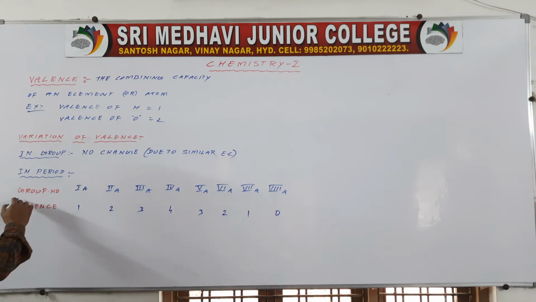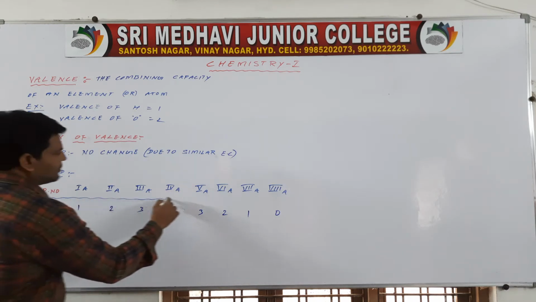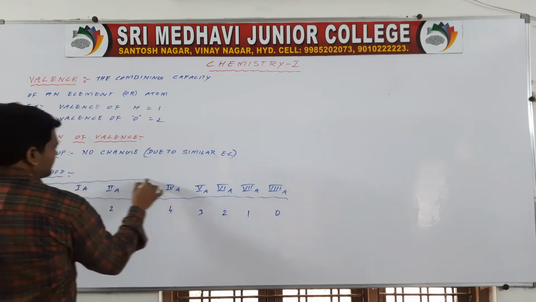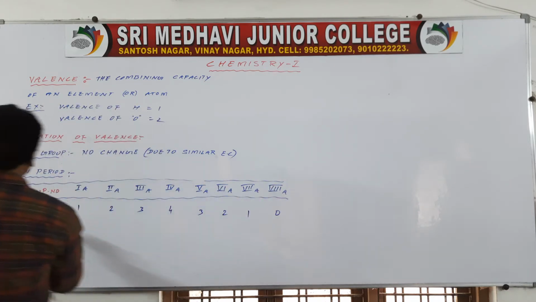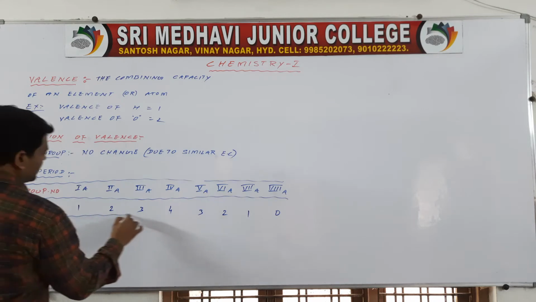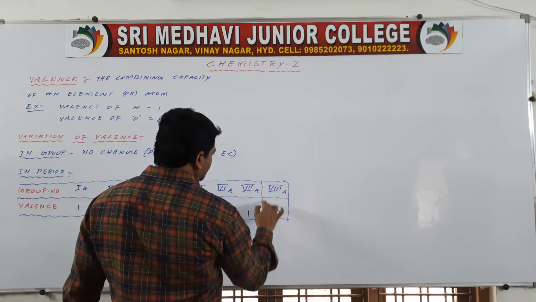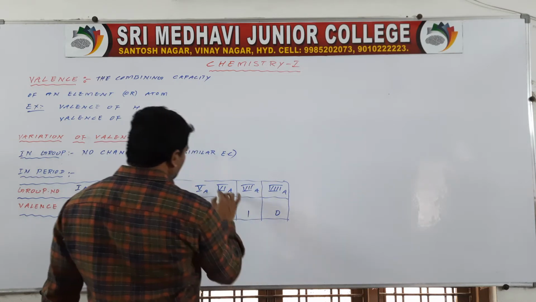So what I mean to say is, up to group 4 valency increases, then valency decreases. Zero group elements have valency 0. Why?